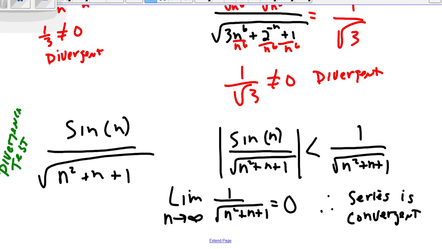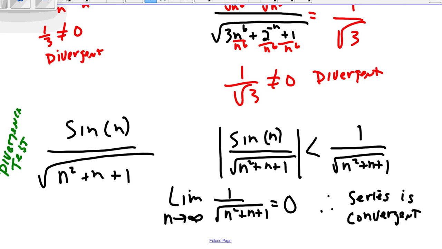So if we look at the absolute value test here, we see that 1 over the square root of n squared plus n plus 1 is larger than sine n over the square root of n squared plus n plus 1. So the limit of 1 over the square root of n squared plus n plus 1 is 0. So by the test, this one is a convergent series, since the limit is equal to 0.